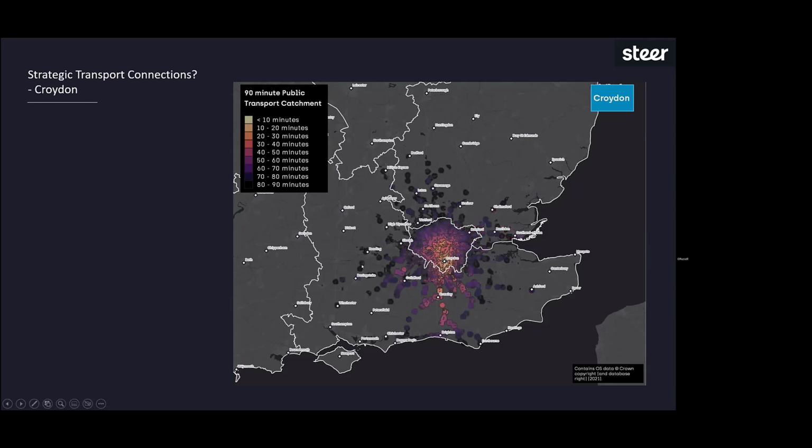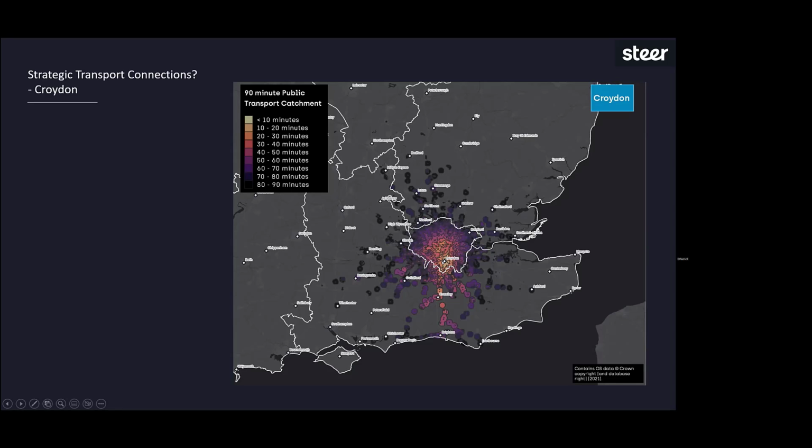And what's interesting when you look at Croydon and the public transport accessibility and strategic connectivity in Croydon is it has a much wider public transport catchment, and that's because not only does it have good linear routes into London, it also has some orbital routes going around towards Kingston on the tram network and things like that.